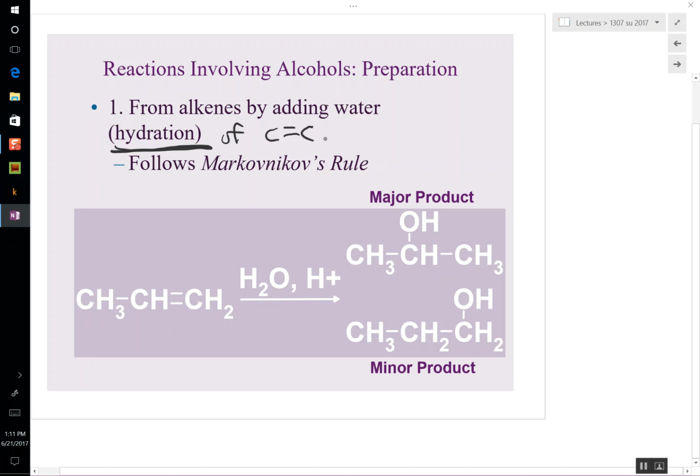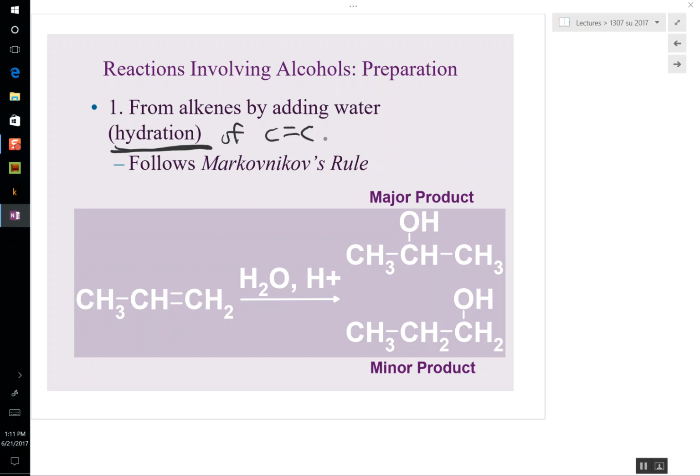And Markovnikov's rule predicts the major product in this situation. The hydrogen on the water goes to the carbon with the most hydrogens, and the OH of the water, the other part of the water molecule, goes on the other carbon. So here's propene. You get isopropyl alcohol as a major product and 1 propanol as the minor product.